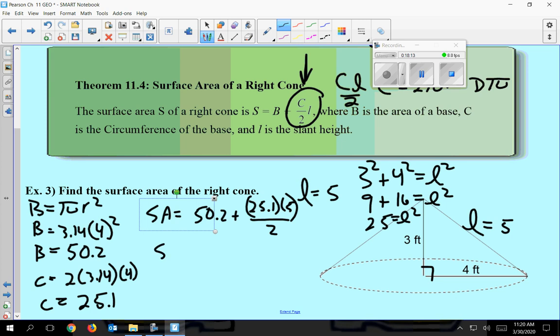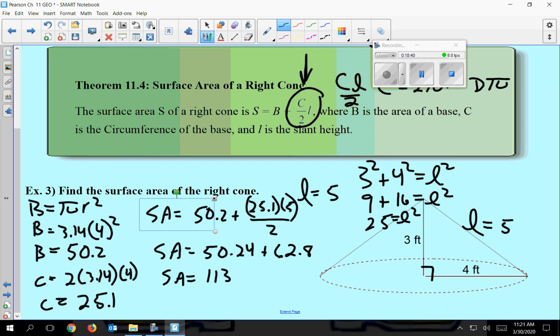And we do all this math. Over here, I was going to do an extra step. I believe over here I get about 62.8. And I'm going to add those together, and I get approximately 113.